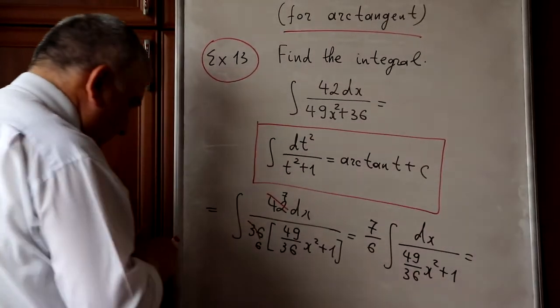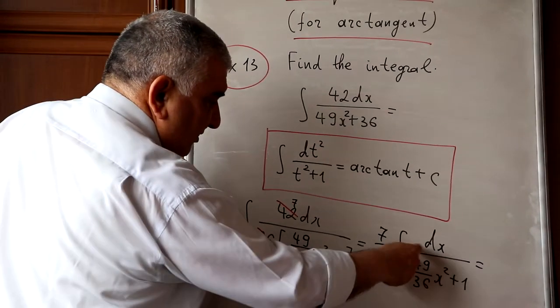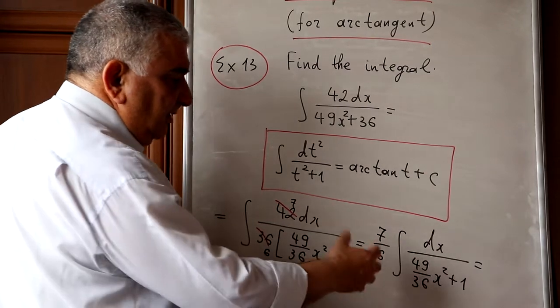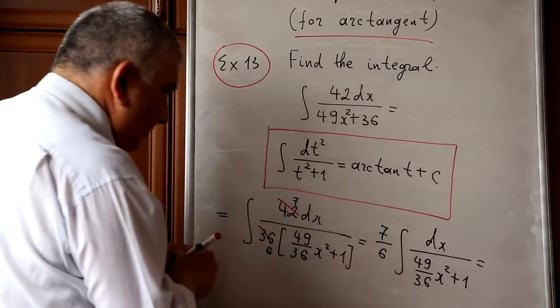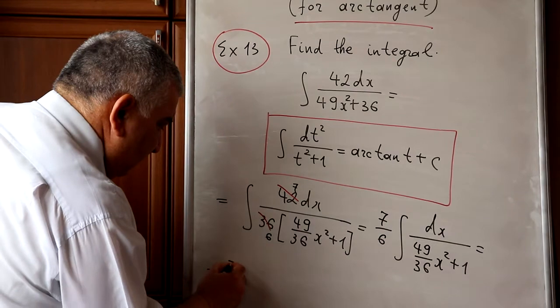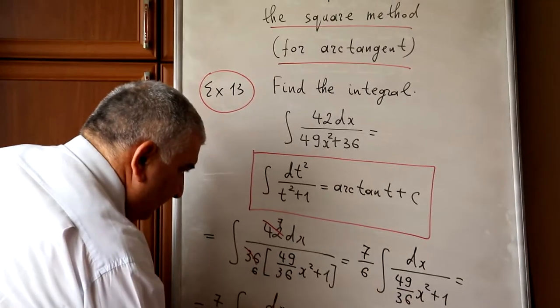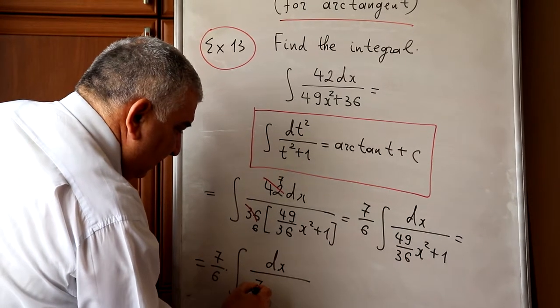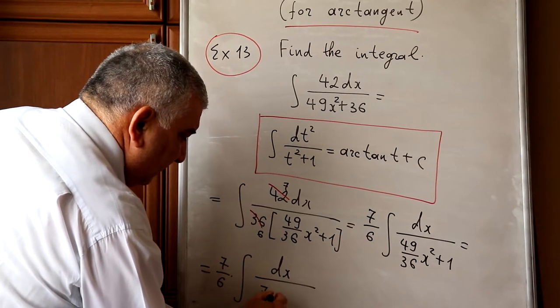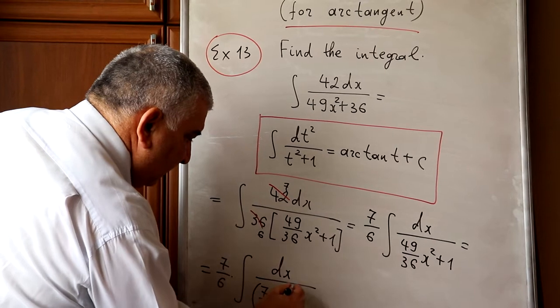Then unite the expression under the common square. 7 over 6 multiplied by dx over 6 x squared plus 1.